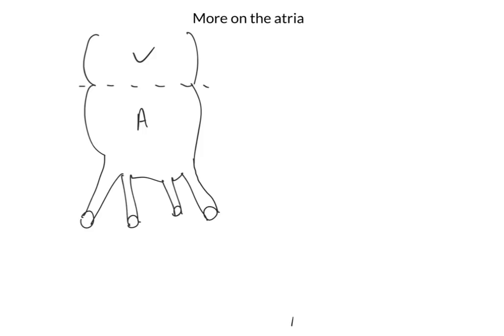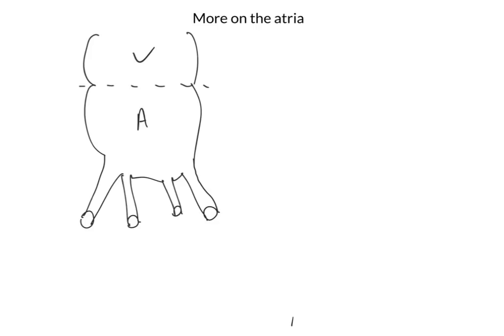And the consequence of that in the adult is that when you look inside of the right or left atrium, you note that there are certain areas which are rough and certain areas which are smooth. The rough areas develop from the primitive atrium, whilst the smooth areas develop from the sinus venosus.